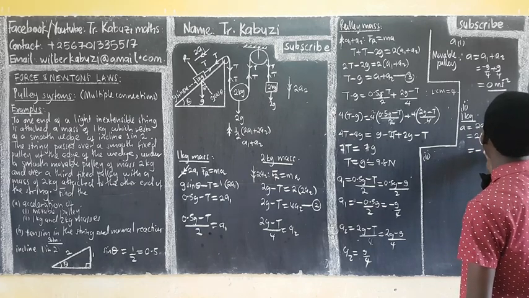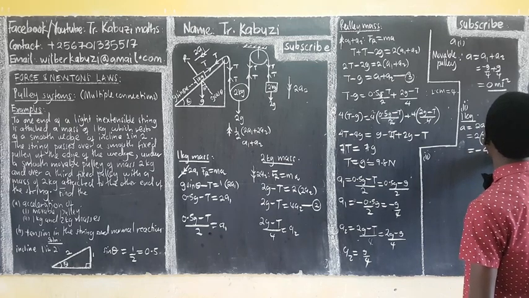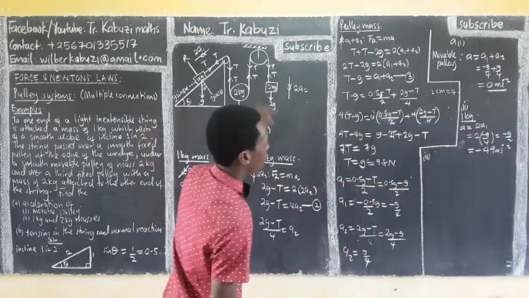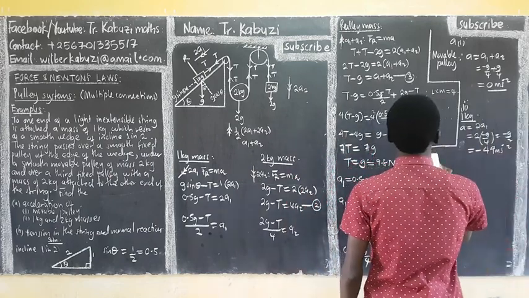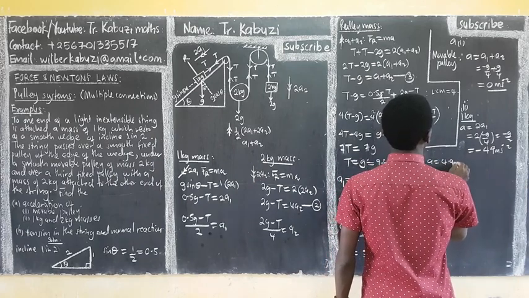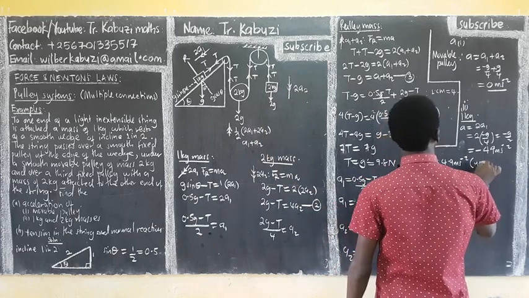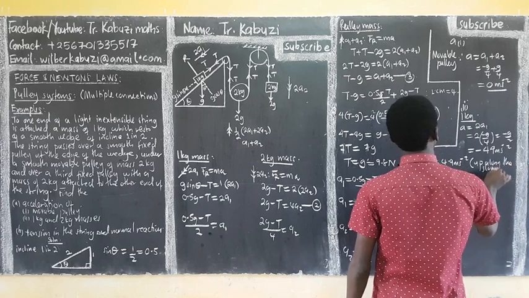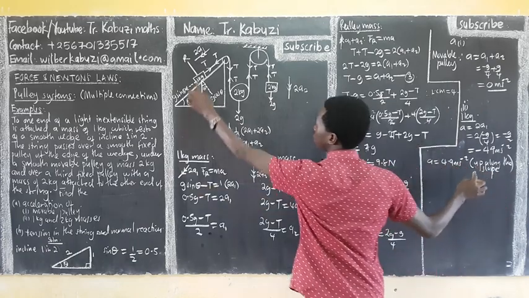And this one is going to be negative 4.9 meters per second square. What does it mean? It means that it was moving. So our A there, it means that A is equal to 4.9 meters per second square upward, up along the slope. That's what that negative means. Not down the slope. Now it's up because it's negative.